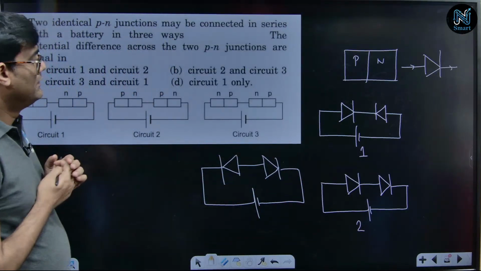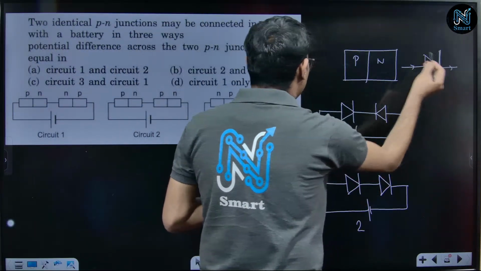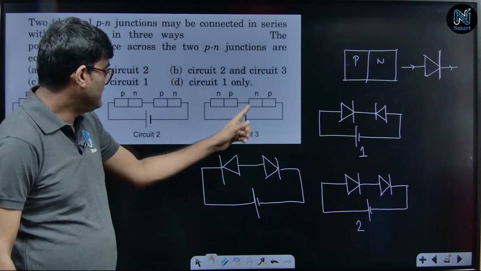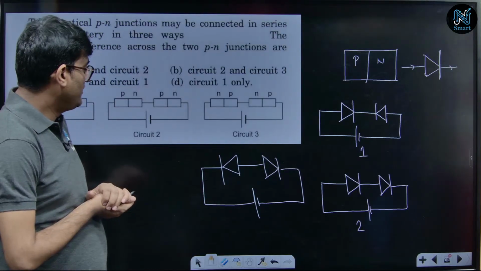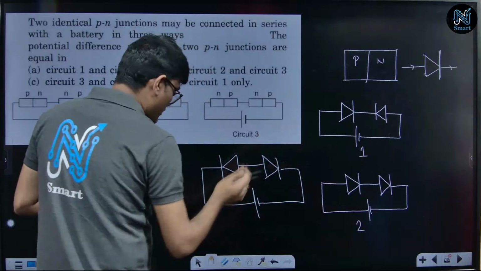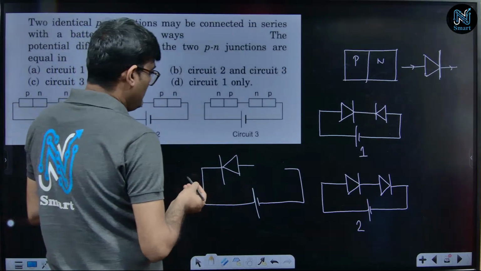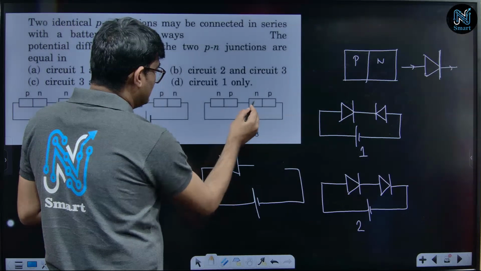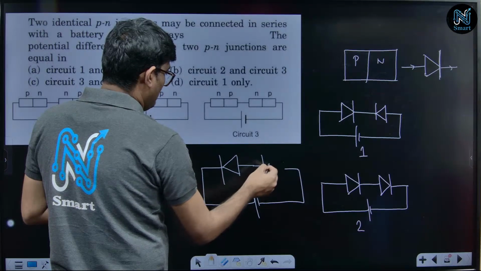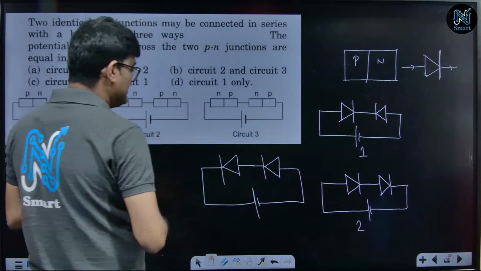Can you understand the notations here, that this N side of the PN junction will be denoted by a vertical line, right? You can say that I tried to denote it like this. I have made one mistake here in this diode. In this diode, this N side will be like this, P side is like this.